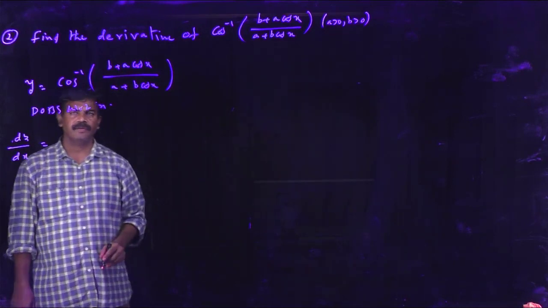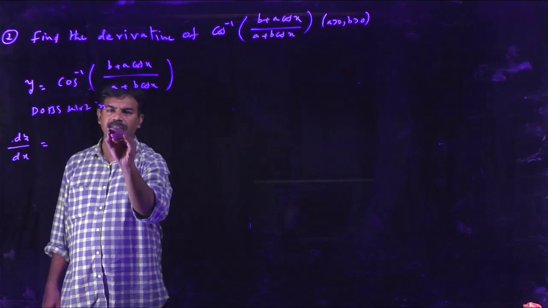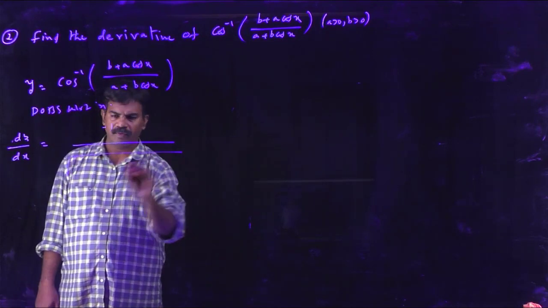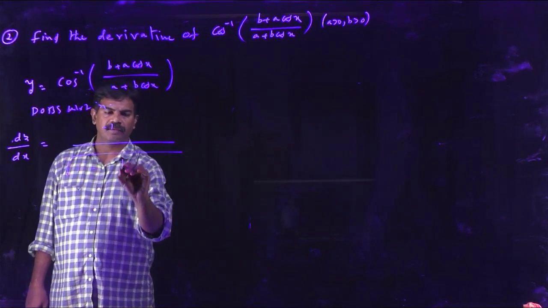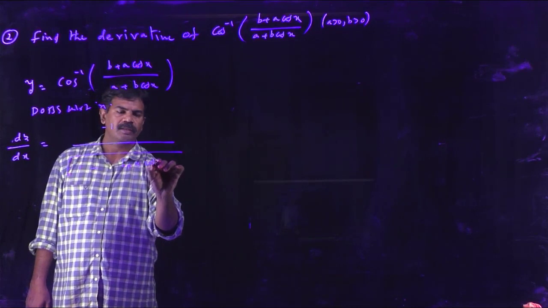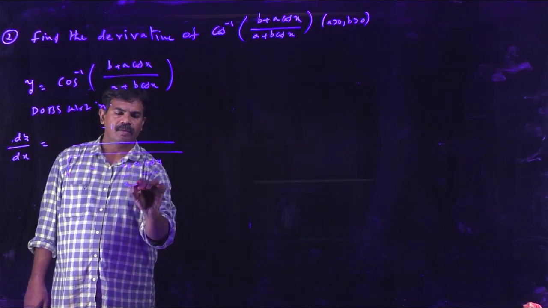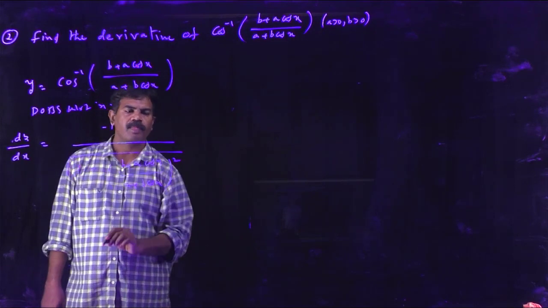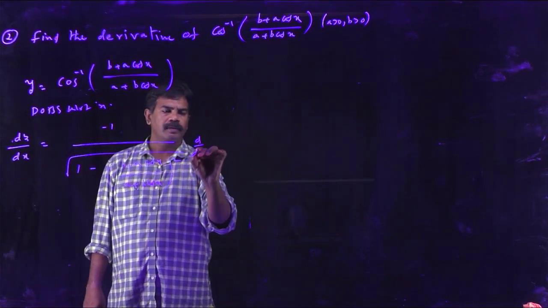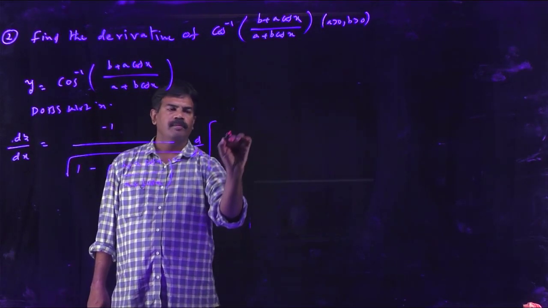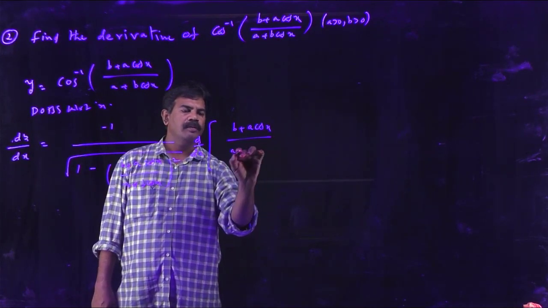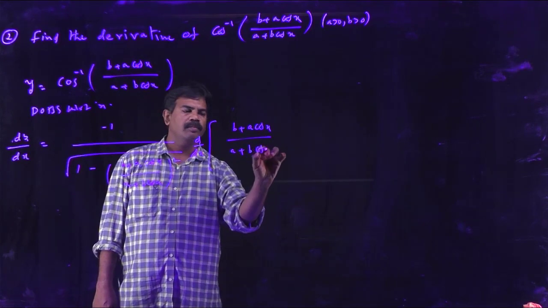Already we know the formula for cos inverse x is minus 1 by root of 1 minus ((b plus a cos x) by (a plus b cos x)) whole square into d by dx of (b plus a cos x) by (a plus b cos x).